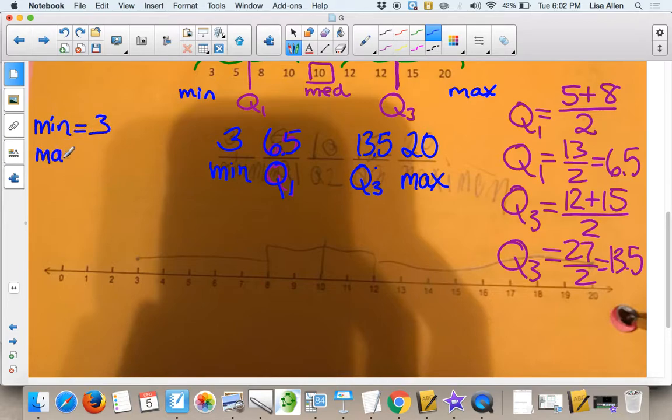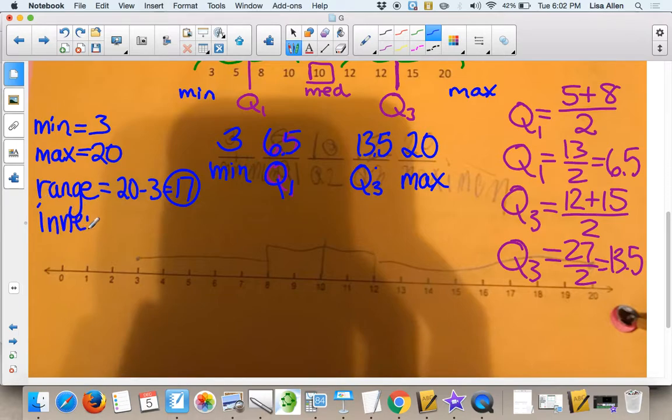Your max is 20. And your range is 20 minus 3 to give you the distance, or 17. And then your inner quartile range, sometimes we call it the IQR, the inner quartile range.